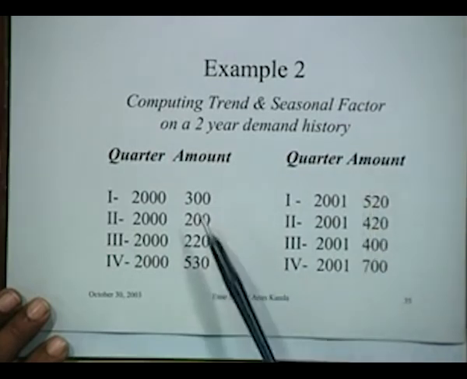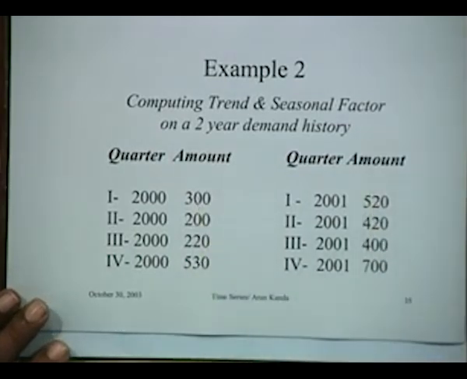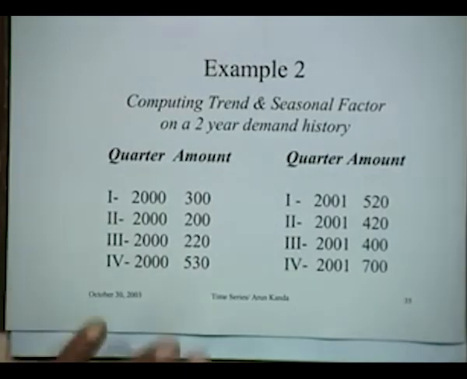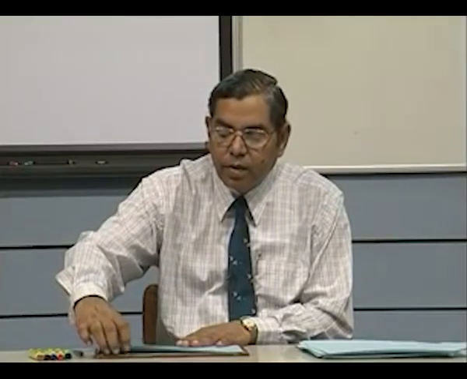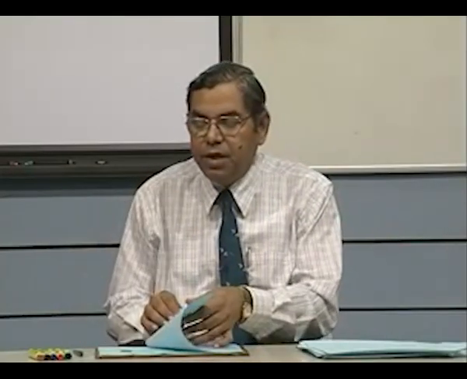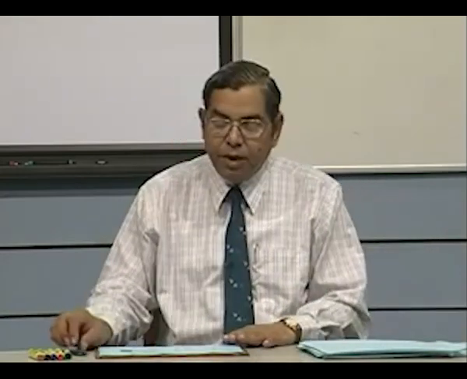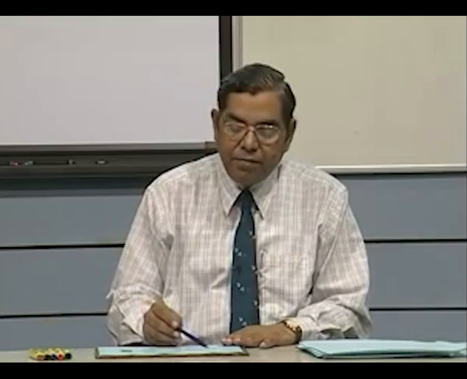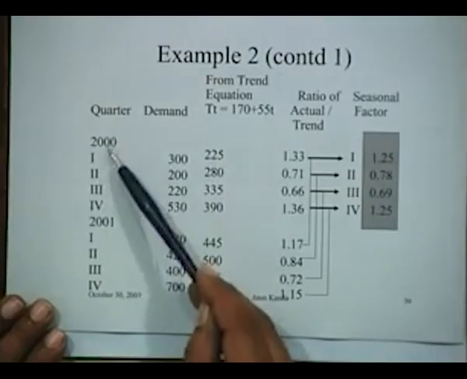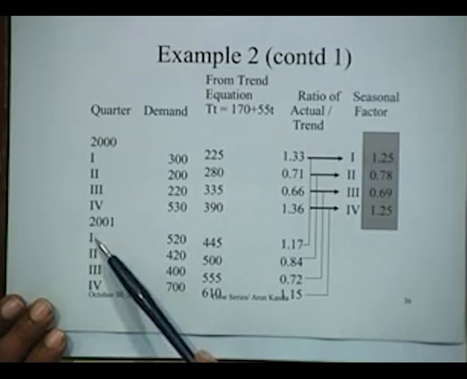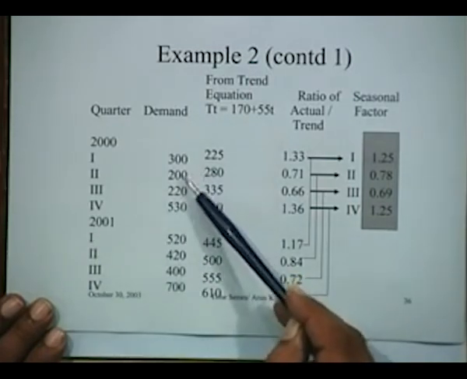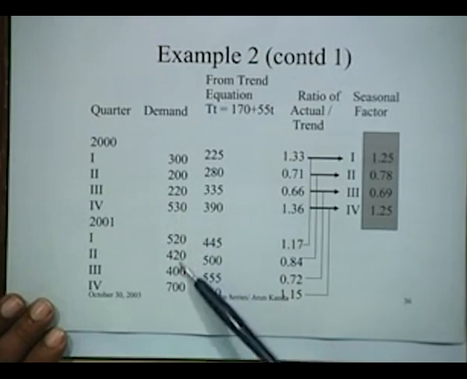So this is actually the demand data available to us for the past 2 years. So how do we get the factors from this particular situation? What we do is, we have these 4 data points for 2000, these 4 seasons for 2001, and the demand is 300, 200, 220, 530 and so on.